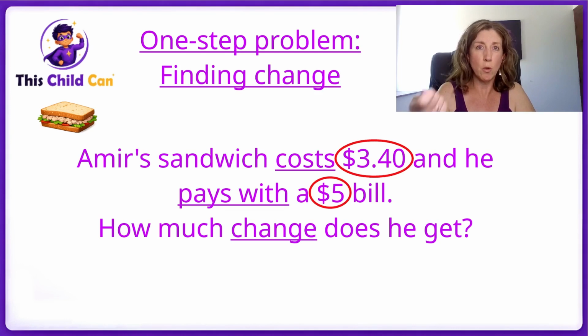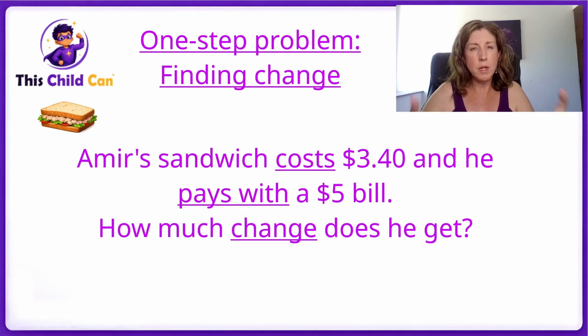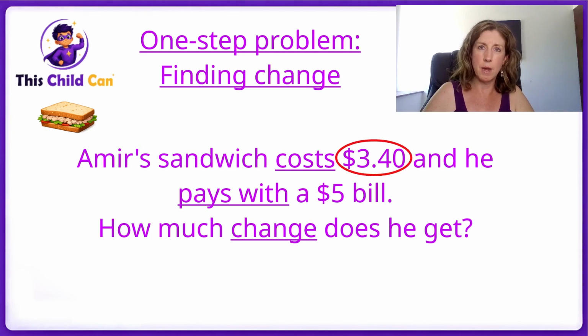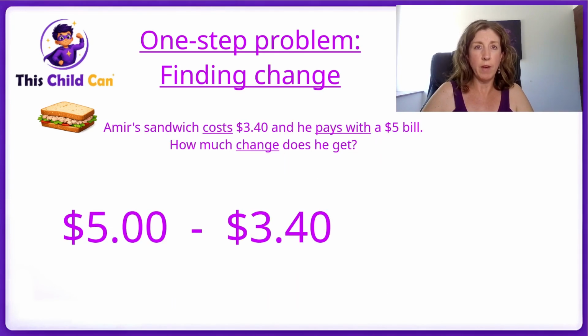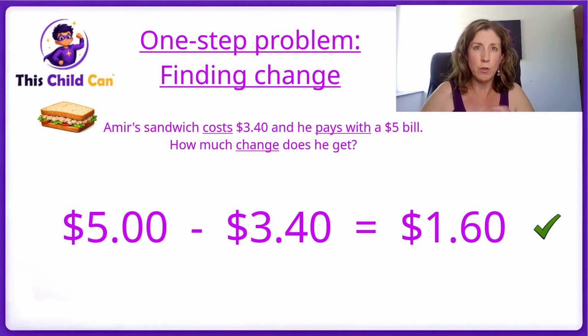He's given too much, so we're looking to see how much change he should get. What we need to do now is find the difference between the price of the sandwich and the amount he has paid. And finding the difference suggests subtraction. So we could do $5 take away $3.40, and we are left with $1.60. Again, like last time, we could convert this into cents first if we wanted to.